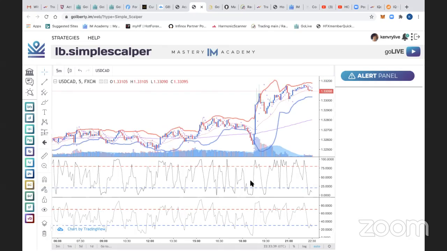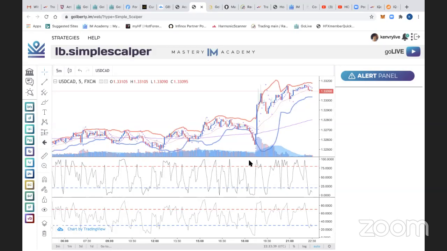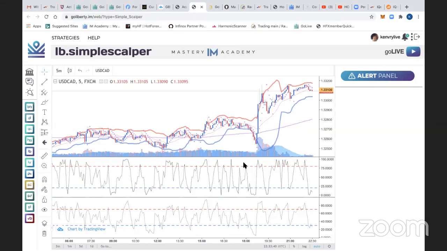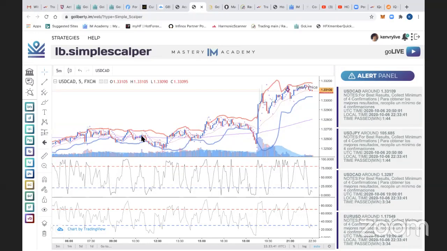So this is support and resistance. Blue is support, and red is resistance.